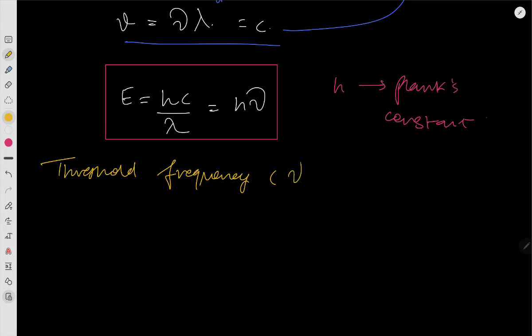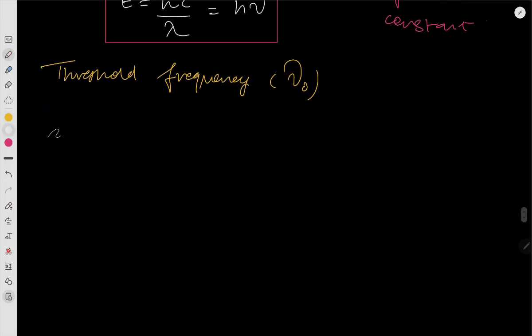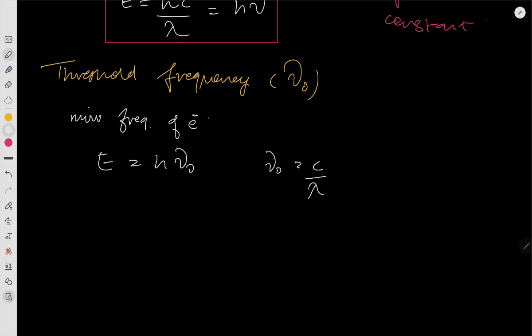That is, the frequency is written by this, nu naught, threshold frequency. So what is the threshold frequency? The minimum frequency of electron. So now E equals h nu naught, so nu naught equals c by lambda.